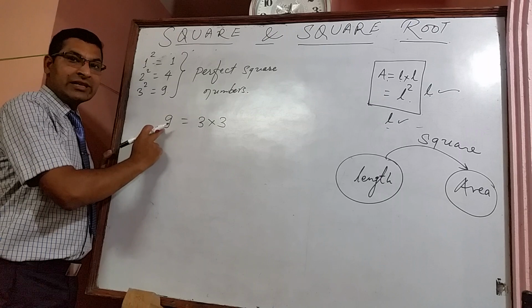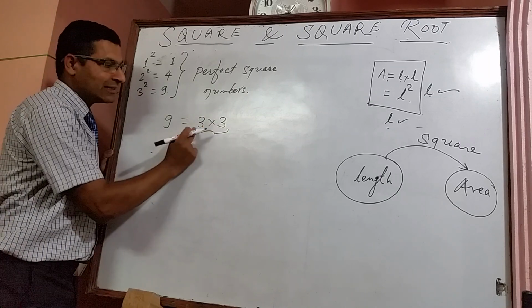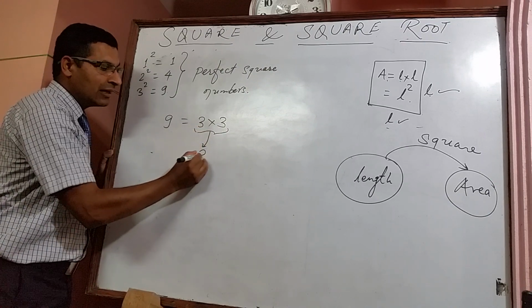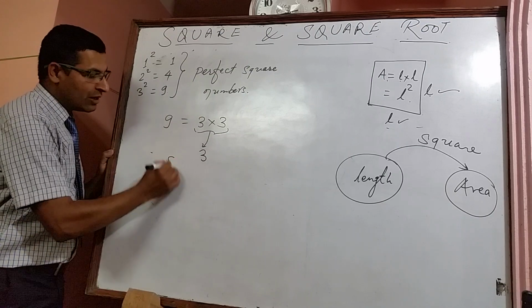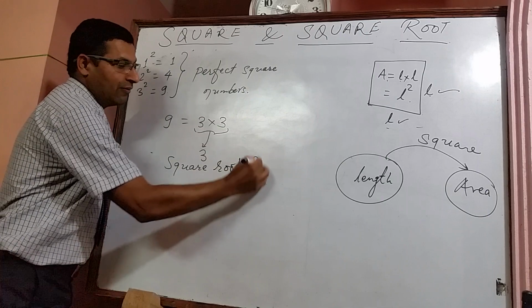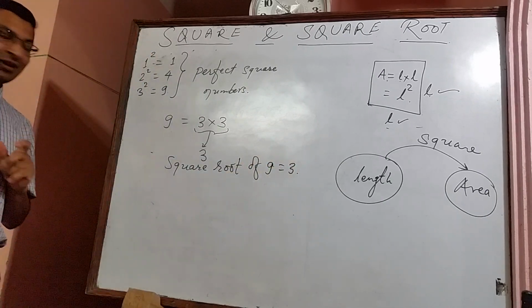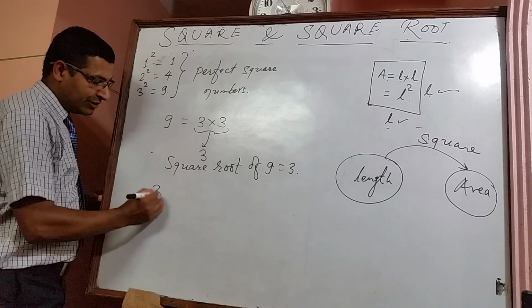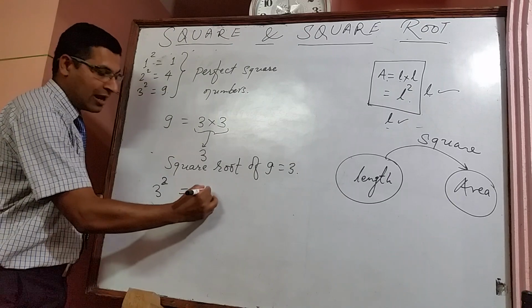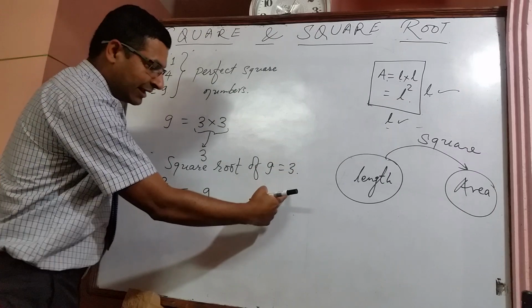If we can express a number as a product of two identical numbers, exactly the same numbers, then one of the numbers is called the square root. The square root of 9 is 3. Now see everyone, the square of 3 is 9, and the square root of 9 is 3.